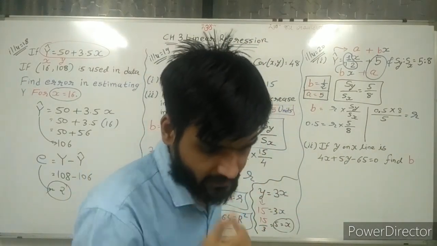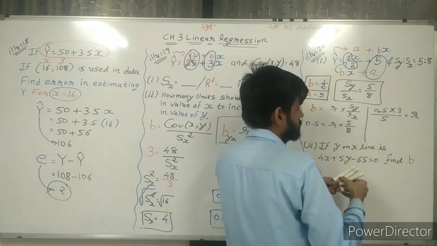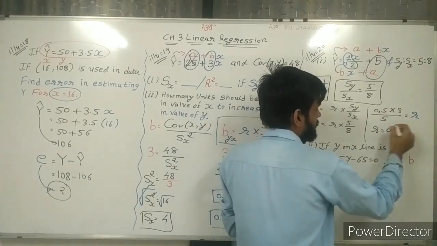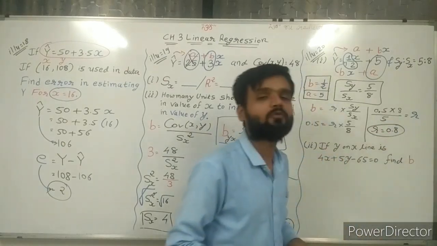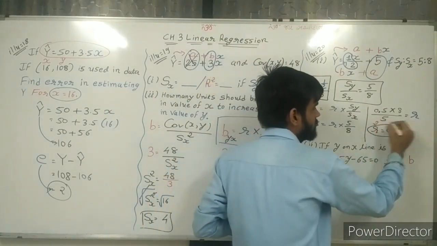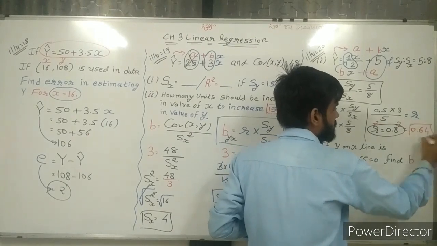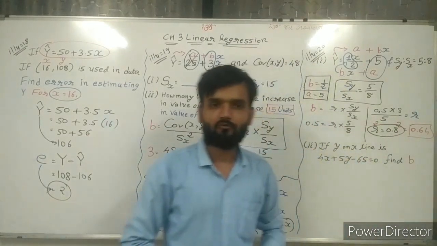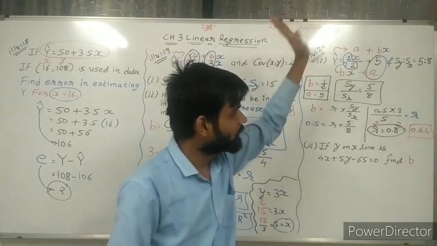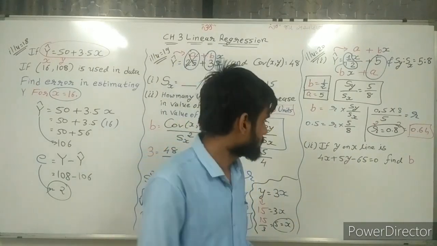If you find this value, you will get 0.8 as the answer. So r is equal to 0.8. Now what do we need, sir? R square. So make square of this. Again the answer is 0.64. Coefficient of determination 0.64. Clear, sir? Complete, 100% clear.